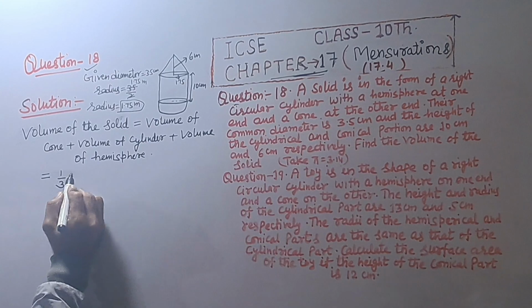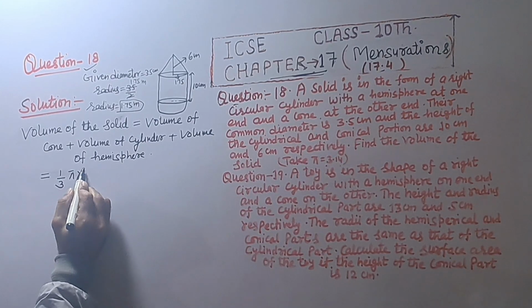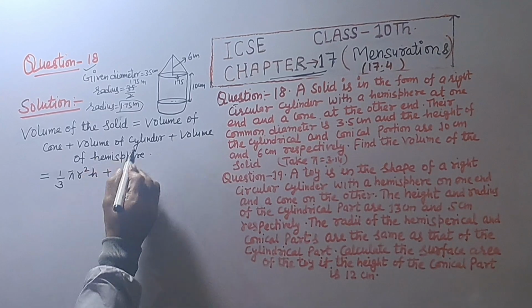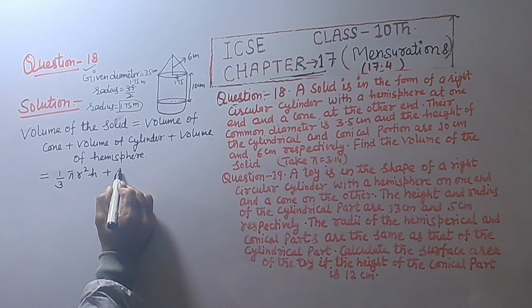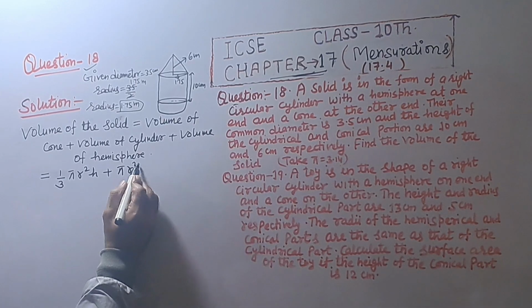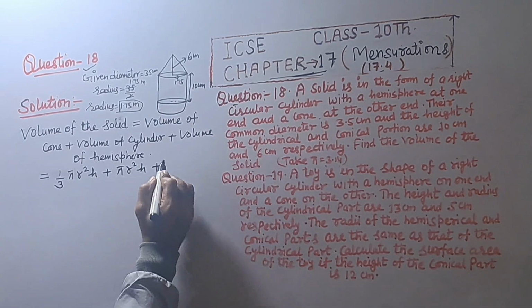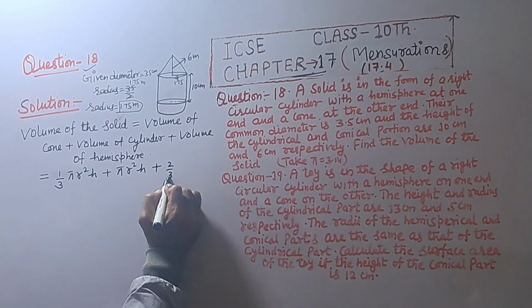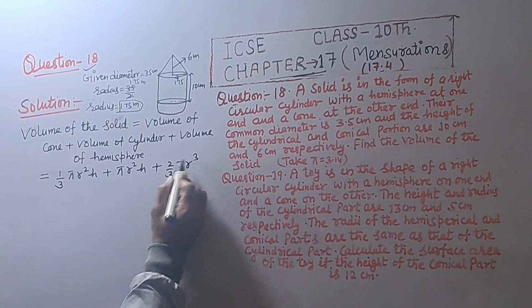That is equal to 1 upon 3 pi r square h plus volume of cylinder, pi r square h, plus volume of hemisphere, 2 upon 3 pi r cube.